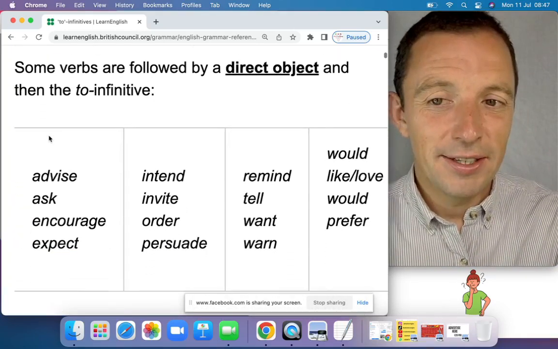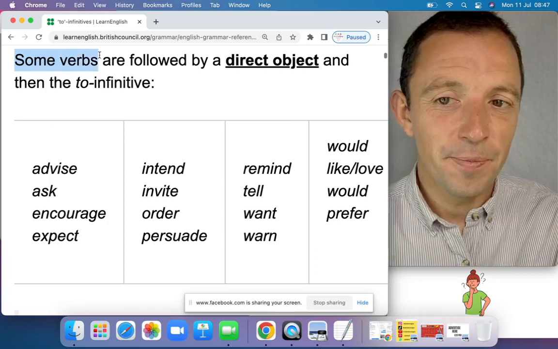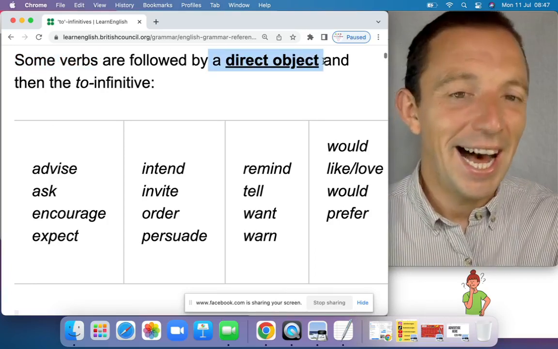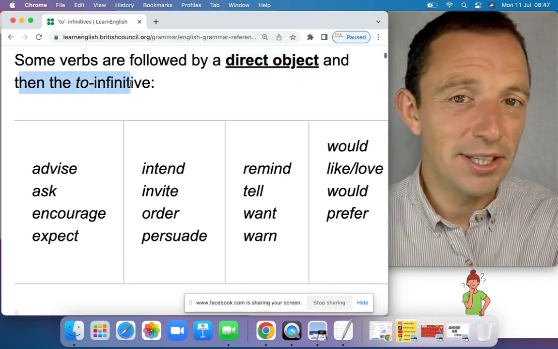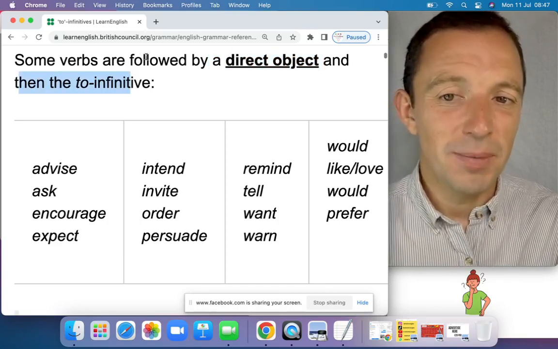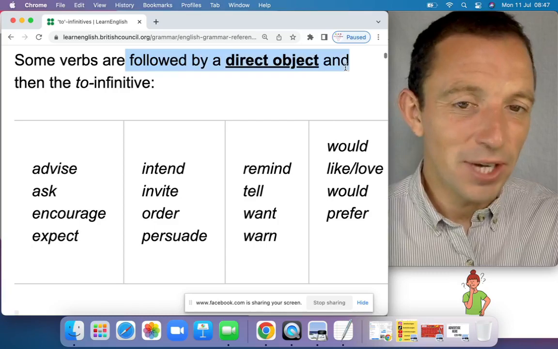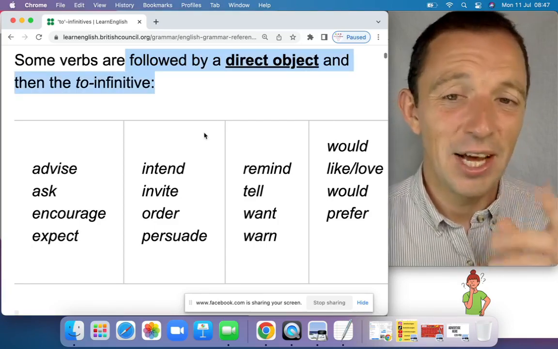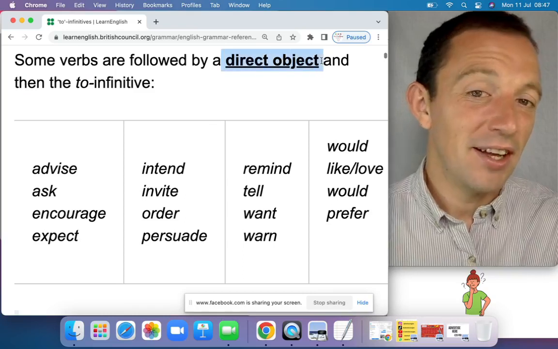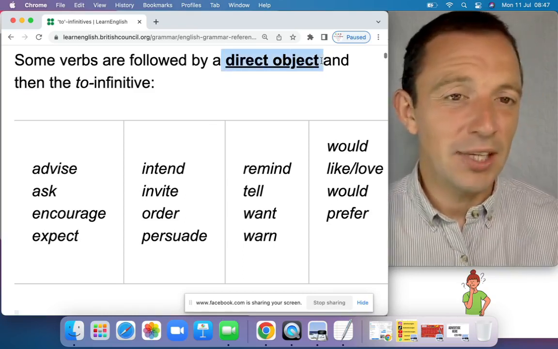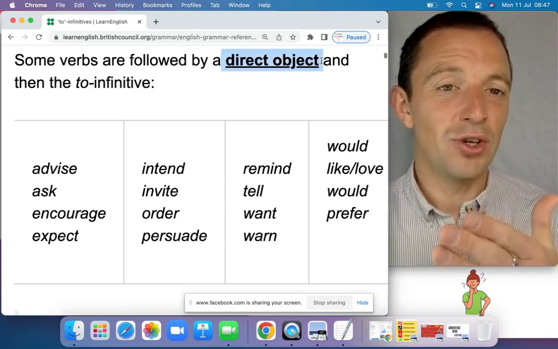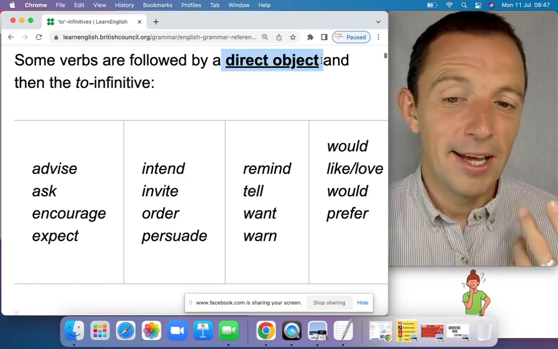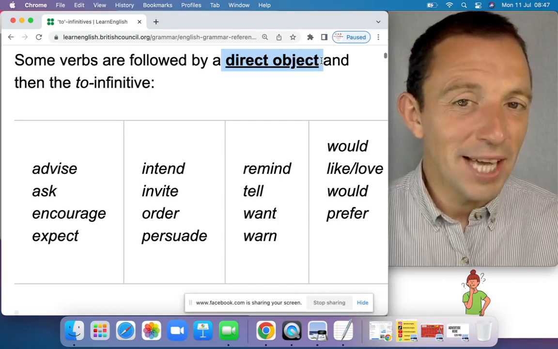Okay, next, some verbs are followed by a direct object and then the to infinitive. So it's possible the verb with the direct object and the to infinitive. Okay, and what is a direct object? A direct object is flexible. It could be the person, me, you, the object pronoun, talk to me, talk to you, talk to him, or it could be something else.